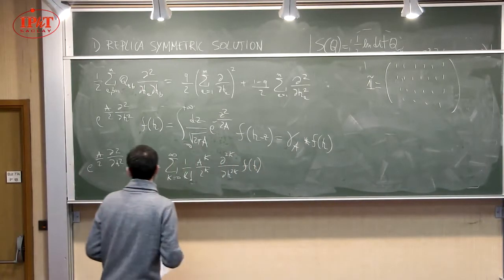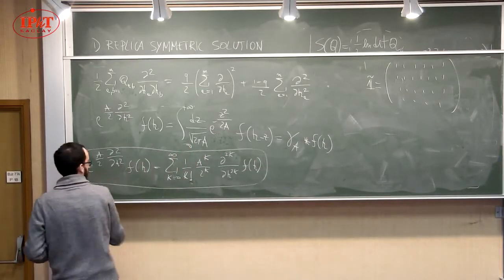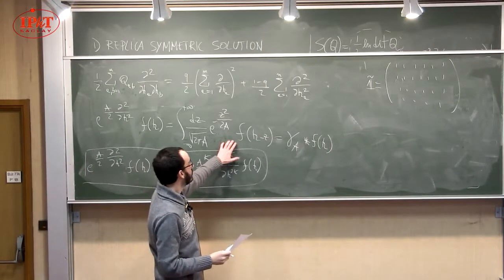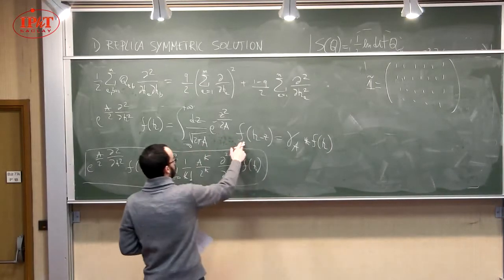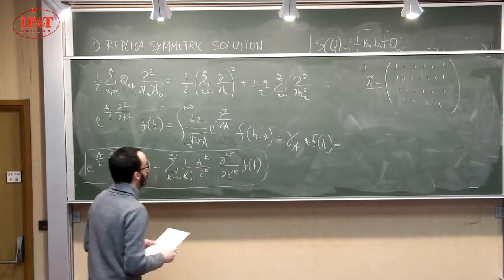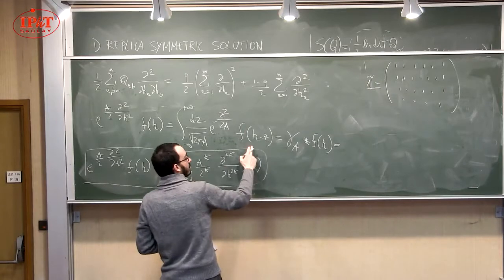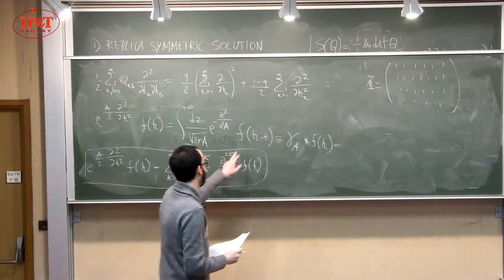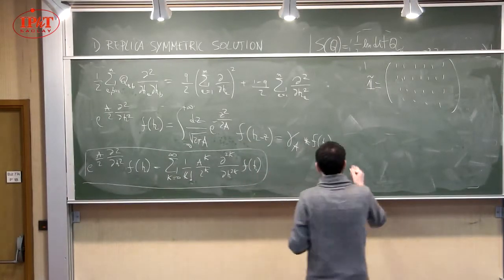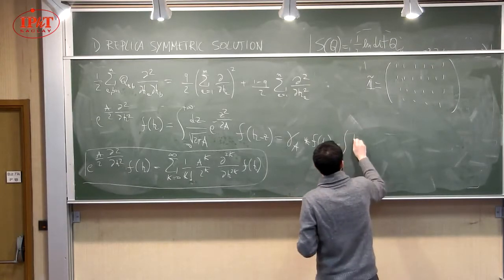Okay, so this is one. And now let me do this integral. What I do is that I expand this function in a power series, assuming that we can do it.